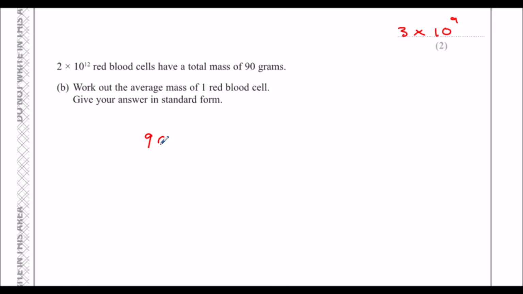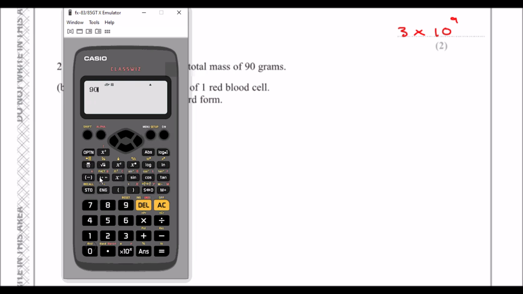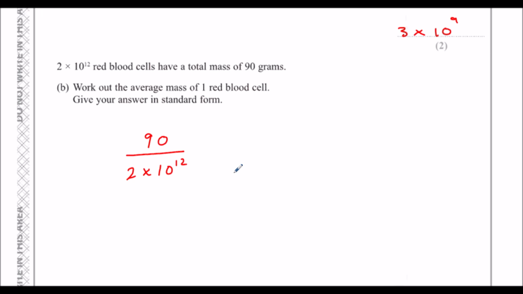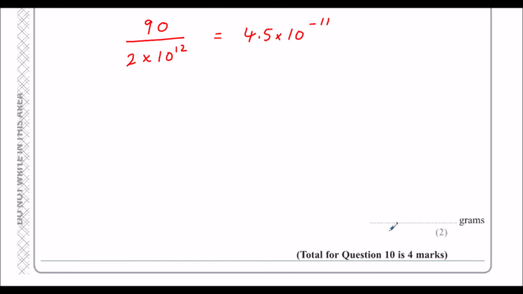So it's going to be 90 grams shared out between all of those blood cells. Which is 4.5 times 10 to the power of negative 11. And that's our answer.